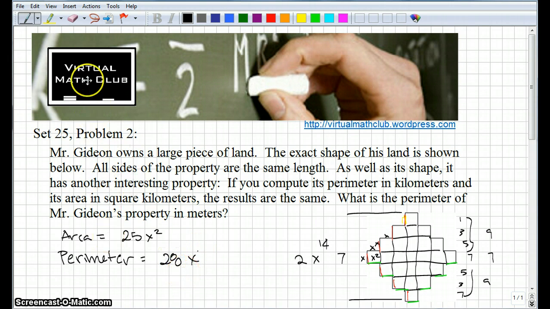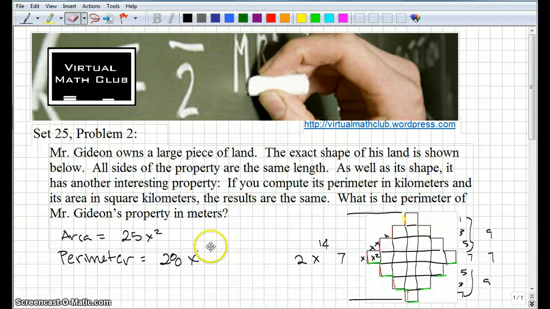Not x squared, just x, right? So that's just counting up all the vertical and horizontal pieces, or the sides that make up this piece of property, okay? You could also start, say here and just count them, 1, 2, 3, 4, 5, go around and count them, and you should get 28 also.